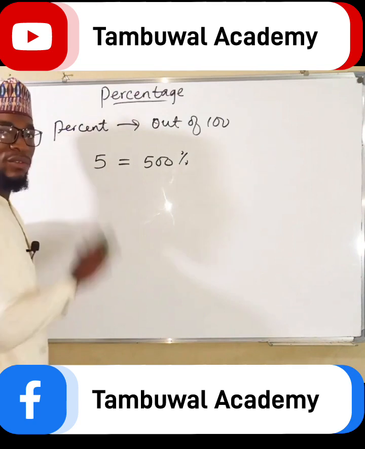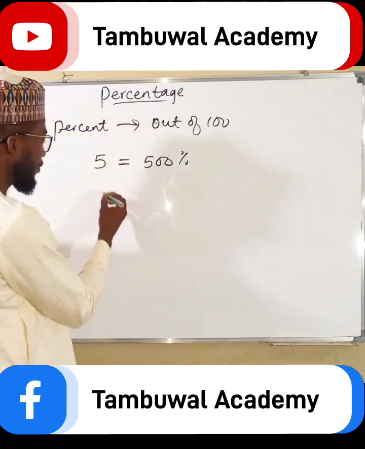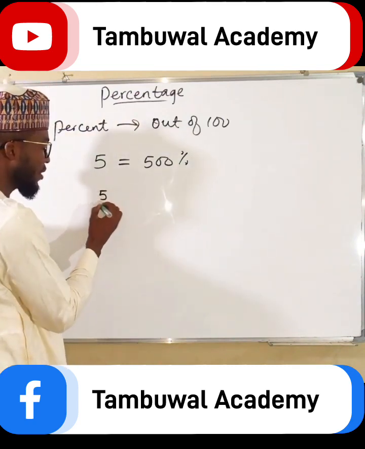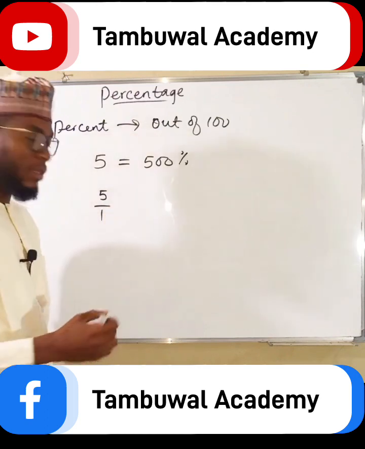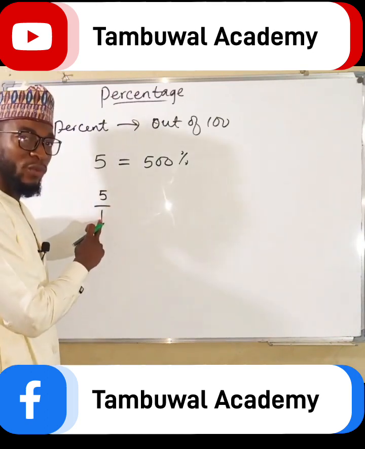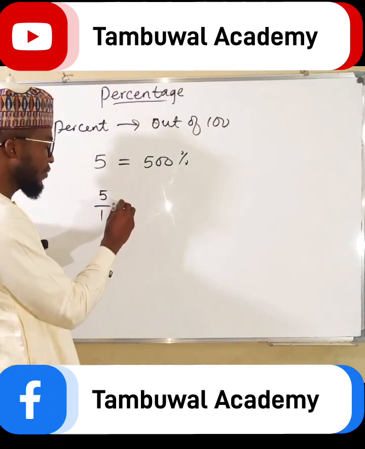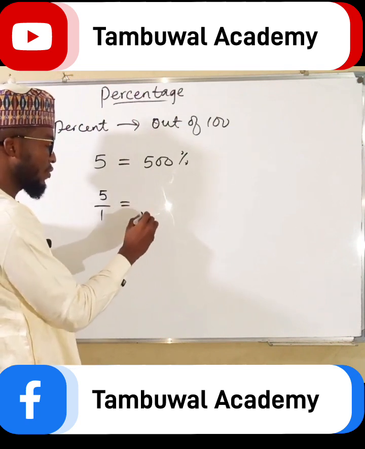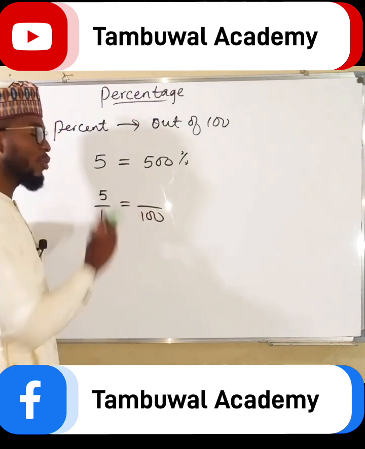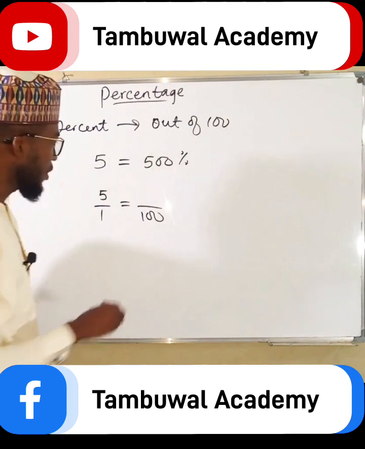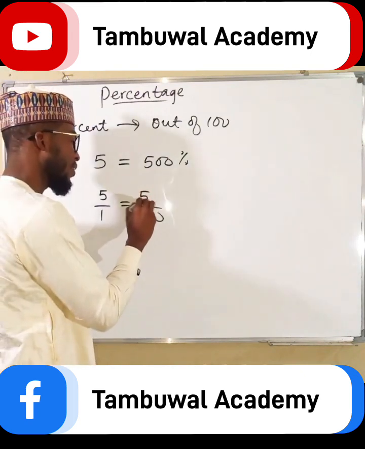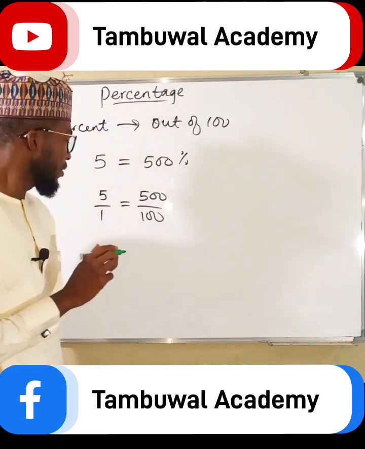And you can also rationalize this whole number, which is going to be 5/1. To transform this into 100, we have to multiply by 100. This will give us 100. And we have to multiply the numerator by 100, which is going to make it 500.